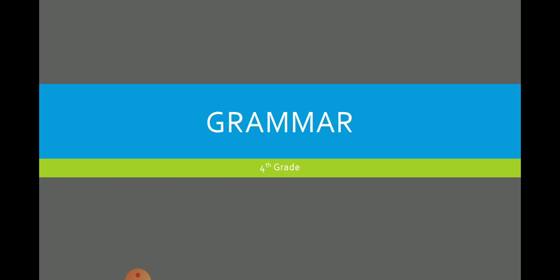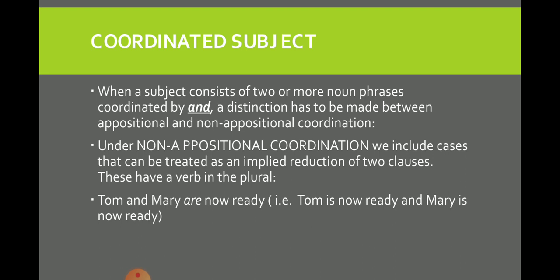Today we are going to complete with Concord. So we are going to start with the Concord of the coordinated subject. When a subject consists of two or more noun phrases coordinated by and, a distinction has to be made between oppositional and non-oppositional coordination.